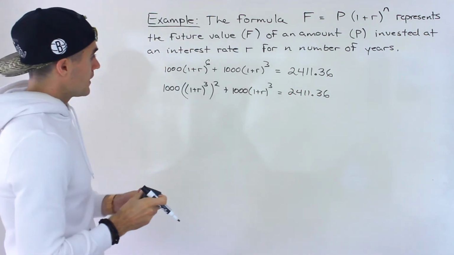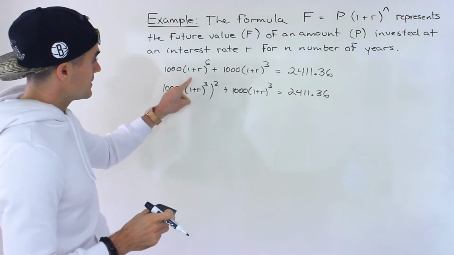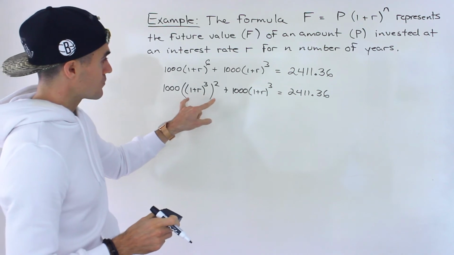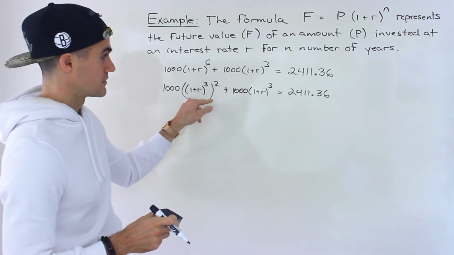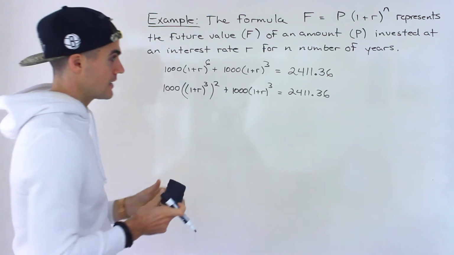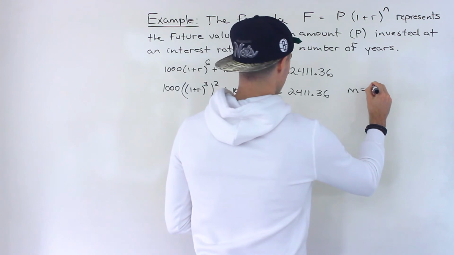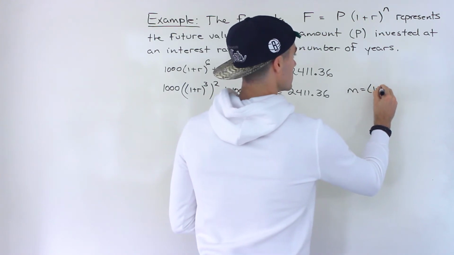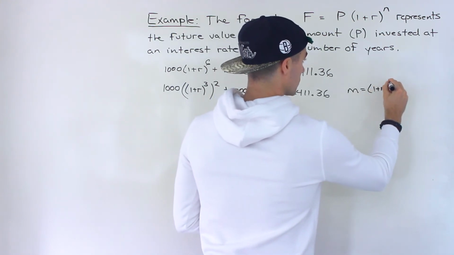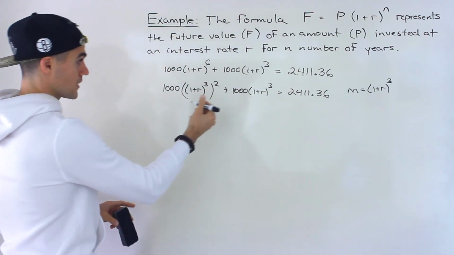The reason why is that now we have the expression (1 + r)^3 showing up twice in this equation. Whenever you see something like that, it's usually a good idea to introduce another variable. So we can let m equal (1 + r)^3, that expression that is coming up twice.